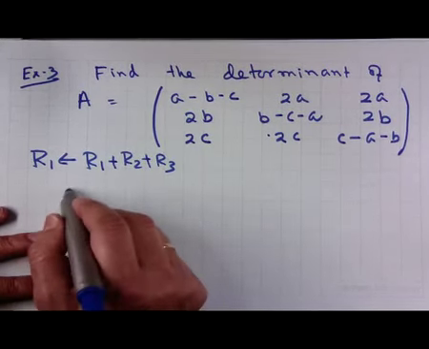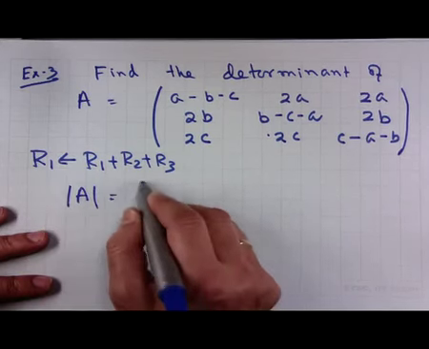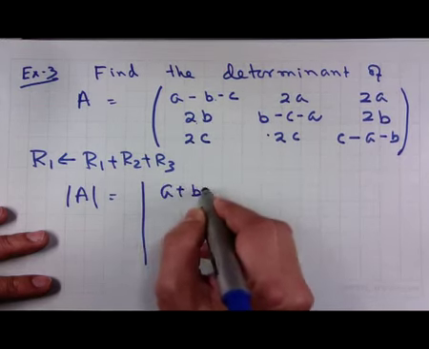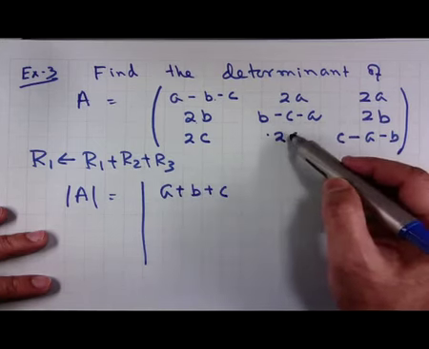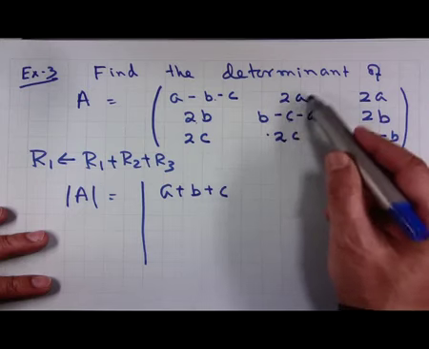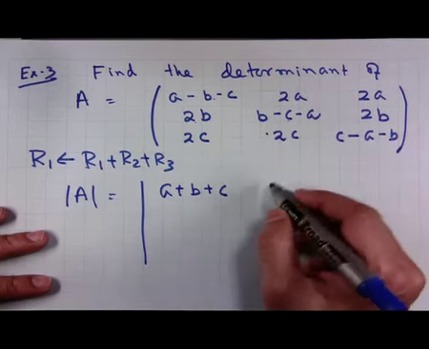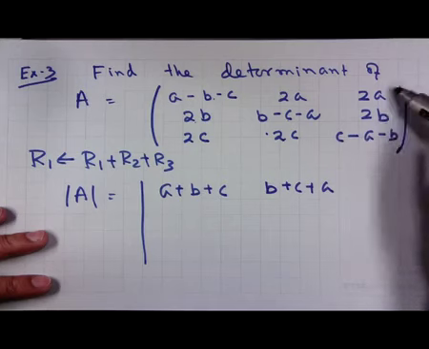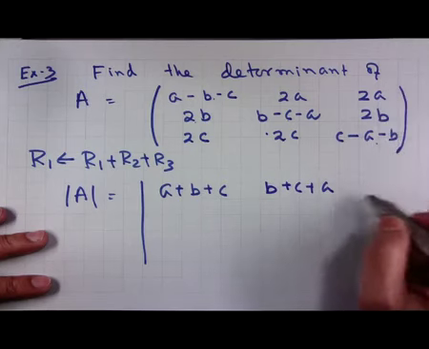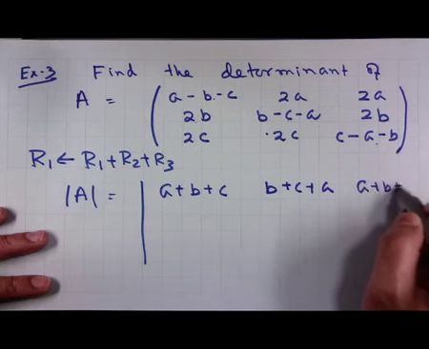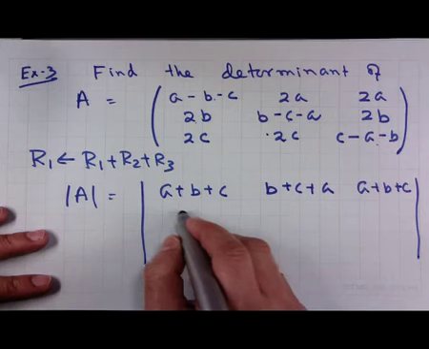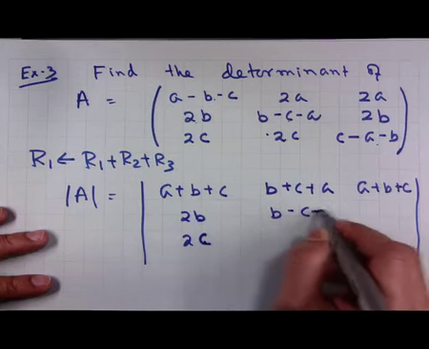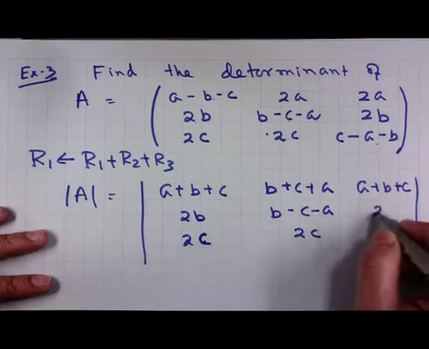Then we get that determinant of A is equal to determinant of, as I add 2B and 2C, I get A plus B plus C. As I am adding B minus C minus A and 2C, I get B plus C plus A, and as I am adding 2B plus C minus A minus B, I am again getting A plus B plus C, and other rows remain as they are. So, this is the structure that I get.